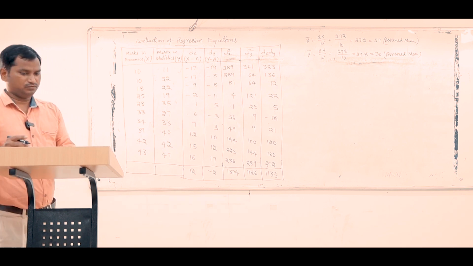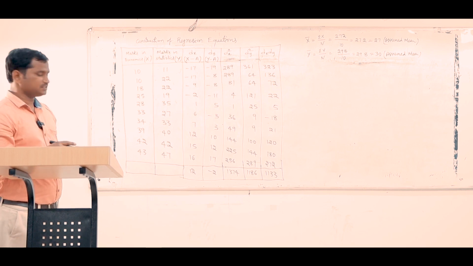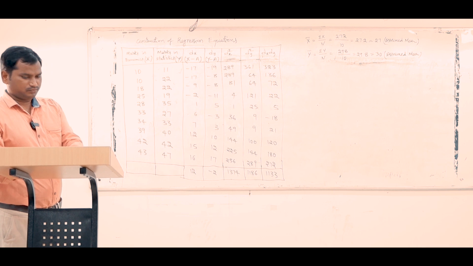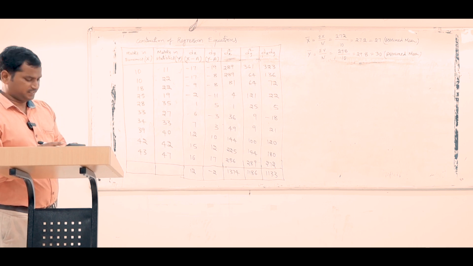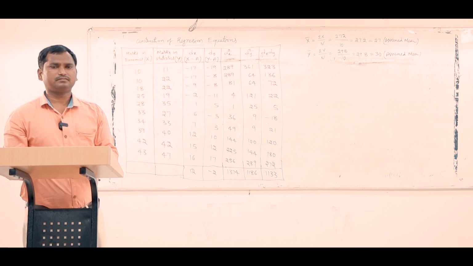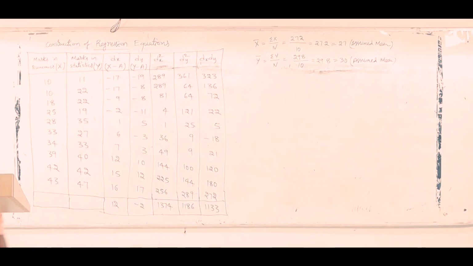So first, to find out the regression equations, this table we should prepare. After that we should find out the regression equations. There is a formula for regression equation, and as per those formulas we should find out the regression equations.